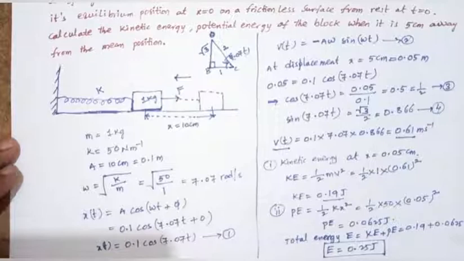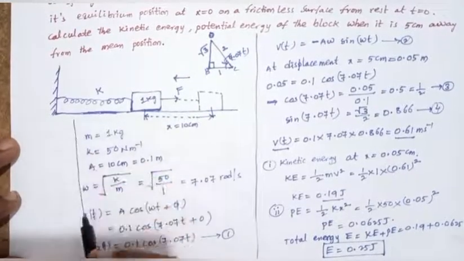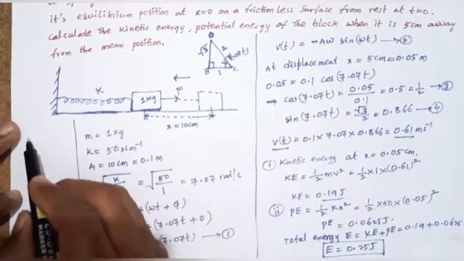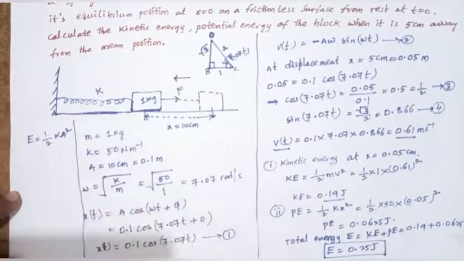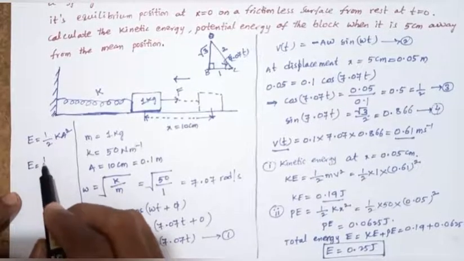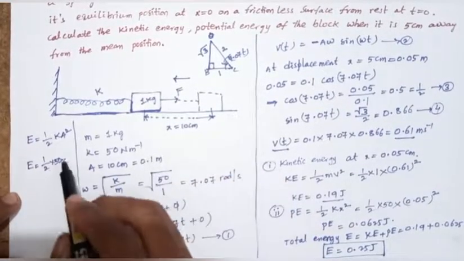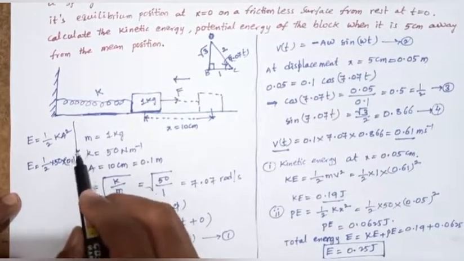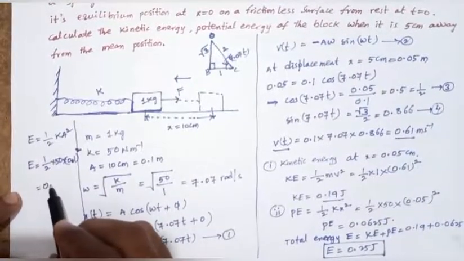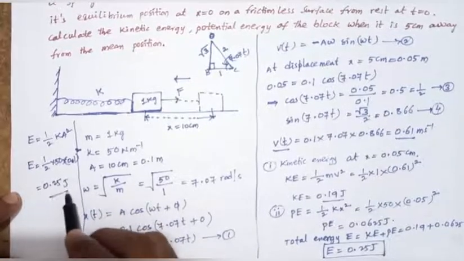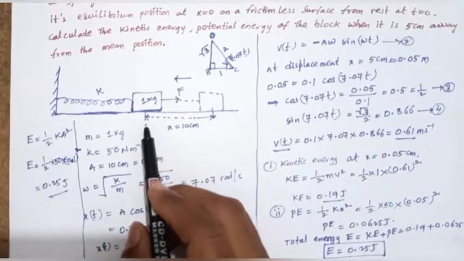No. We know that total energy equals half K A square. Here K equals 50 and A equals 0.1, so half into 50 into 0.1 whole square equals 0.25 joules.